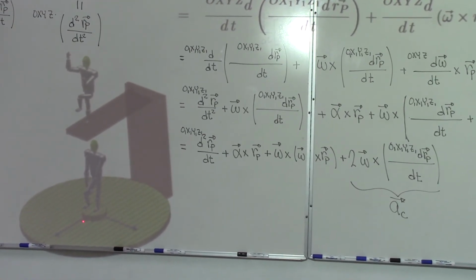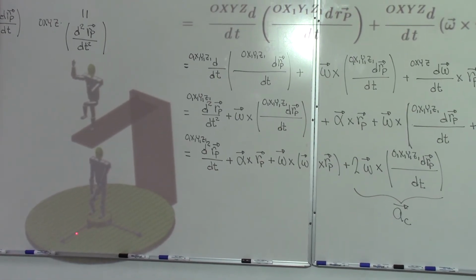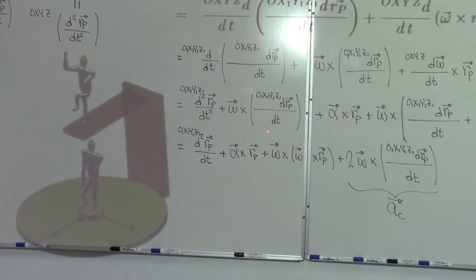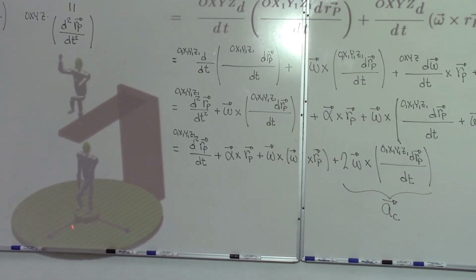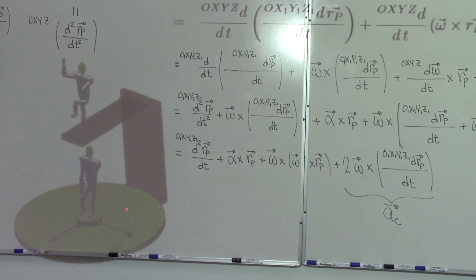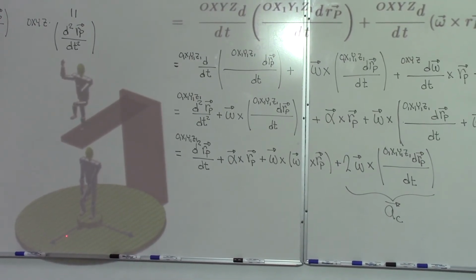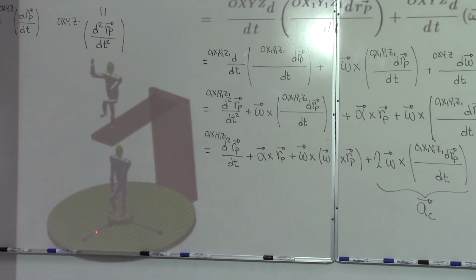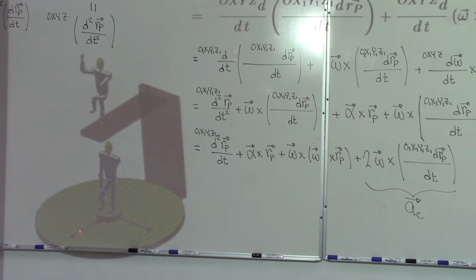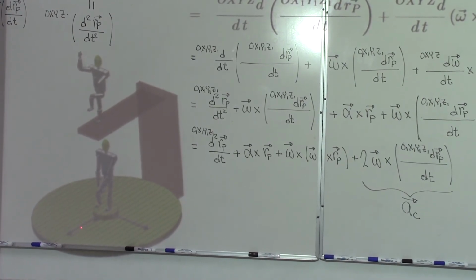As the rat moves away from the center of the carousel, these two terms should represent the acceleration of a point fixed in the carousel. That means a part of the carousel that in that particular point lies exactly below the rat that is moving away from the carousel.